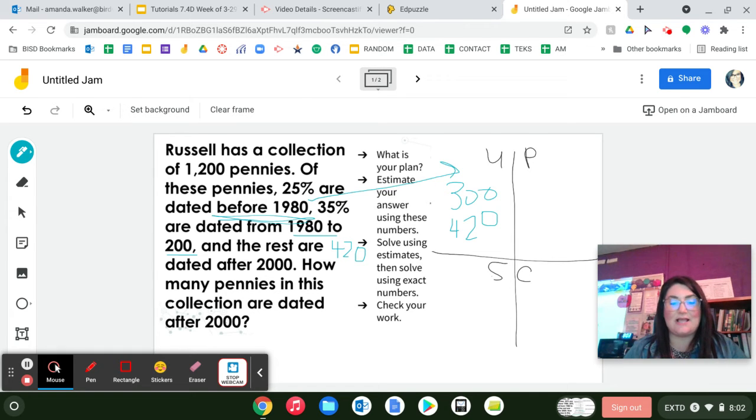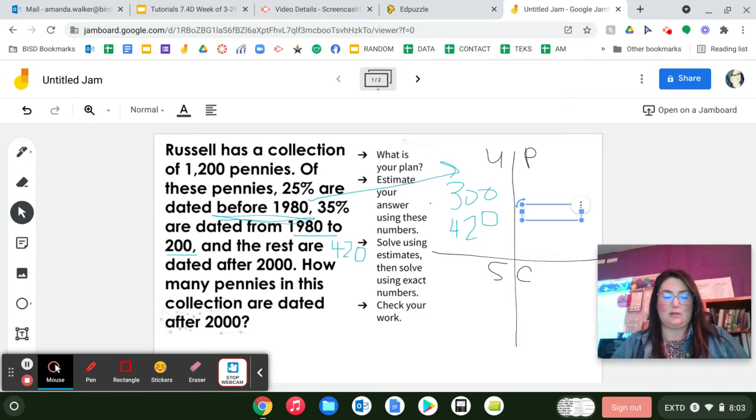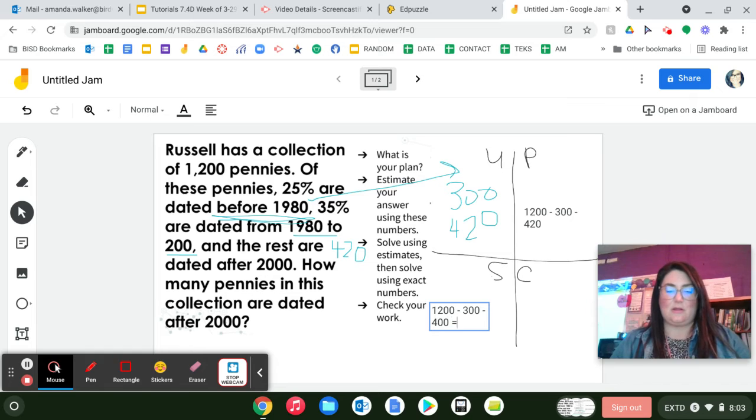What you should have realized is that you are going to subtract. So our plan, and you can write that in your plan, is that you are going to subtract. We are doing 1200 minus 300 minus 420. Now, when we solve, if I'm going to estimate, I could do 1200 minus 300 minus 400, which is about 500.